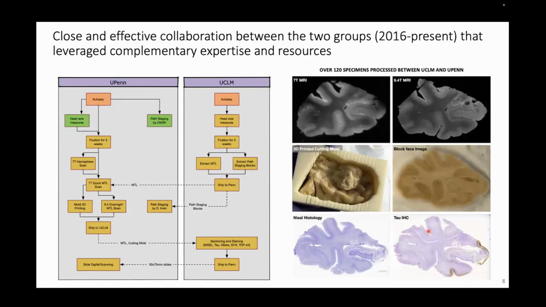The grant was luckily funded, and we developed a very close collaboration where I think both groups build on each other's strengths. We sent hundreds of packages back and forth between Philadelphia and Albacete with tissue and slides, 3D molds. And over the last 10 years, we processed over 120 MTL specimens.